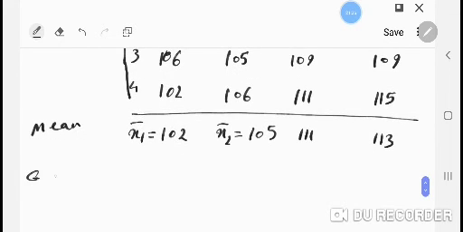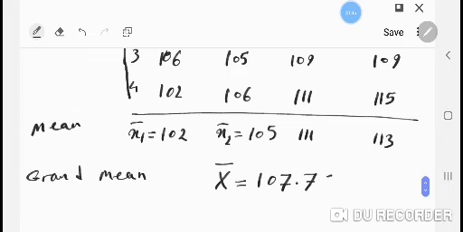And the grand mean is 1 over 4 sigma xi, that is this number, the total mean or grand mean.